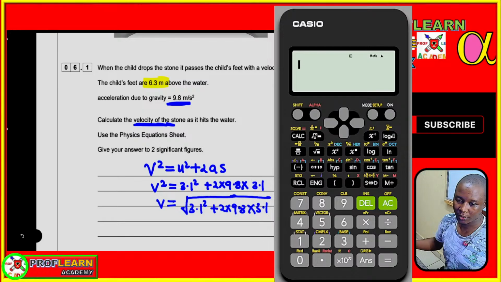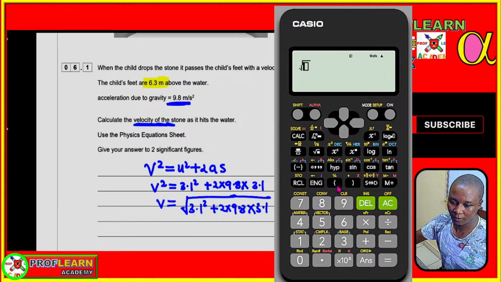Now we can put it in the calculator: square root, 3.1 squared, plus 2 times 9.8.